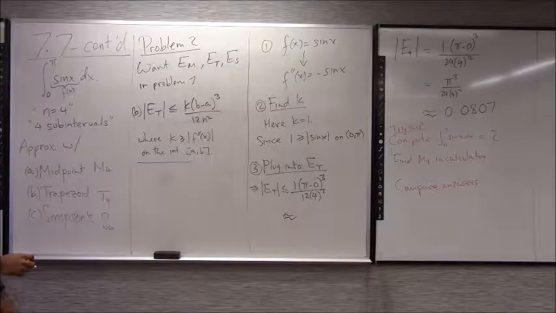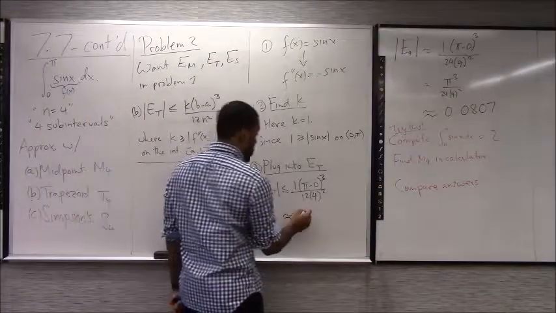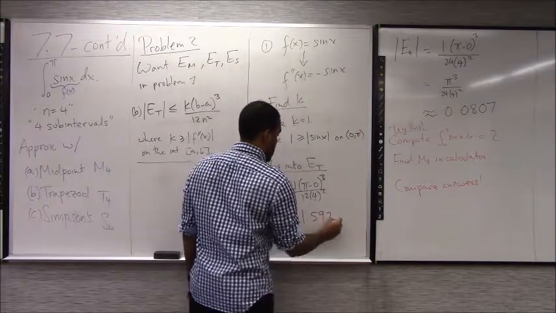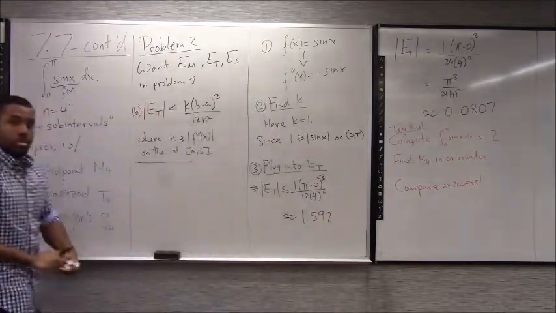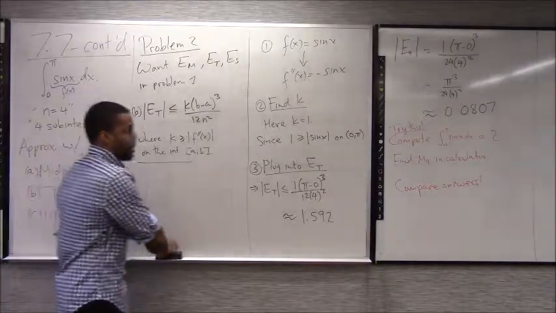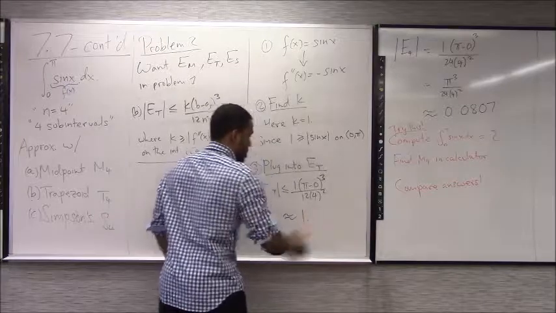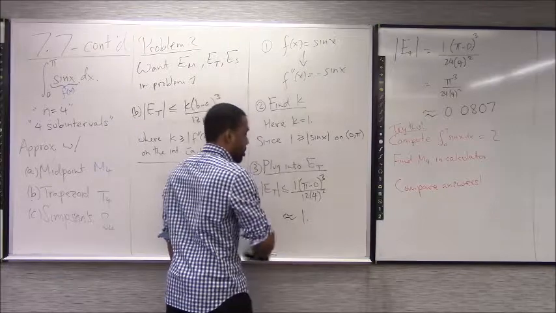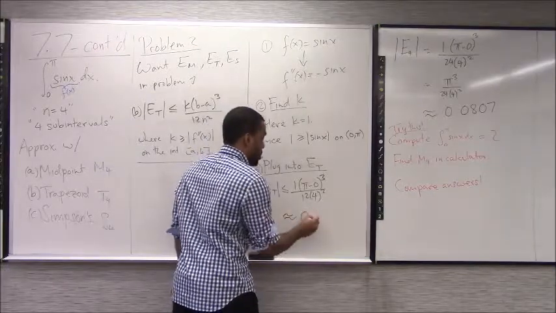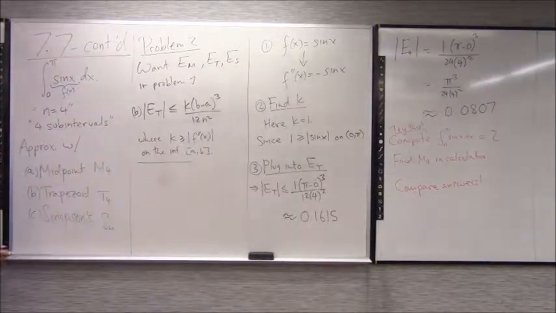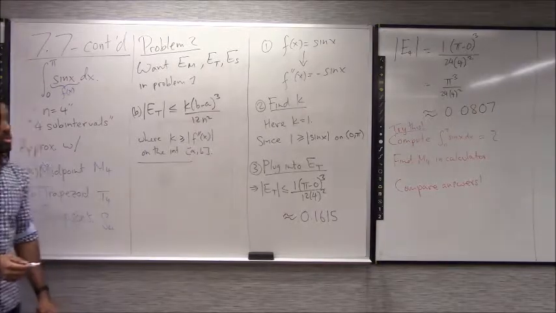I had it too high. It's 0.1615. So for the sine, the trapezoid rule was actually worse than the midpoint rule.